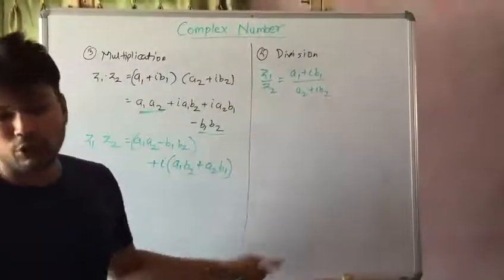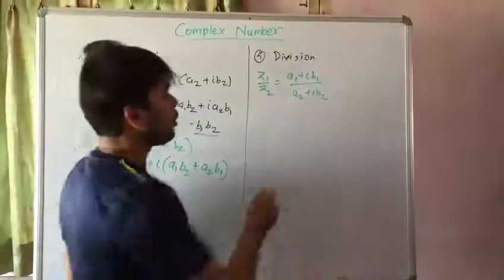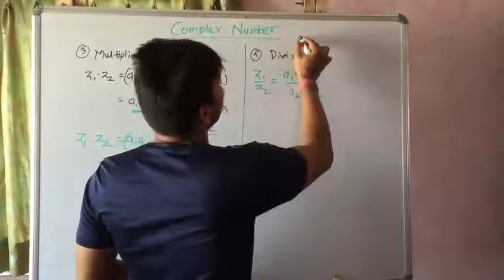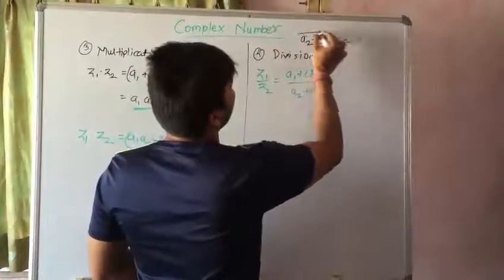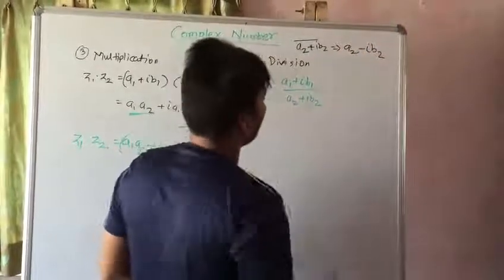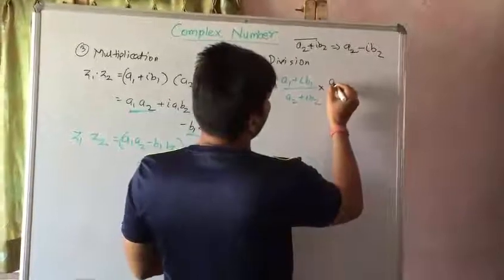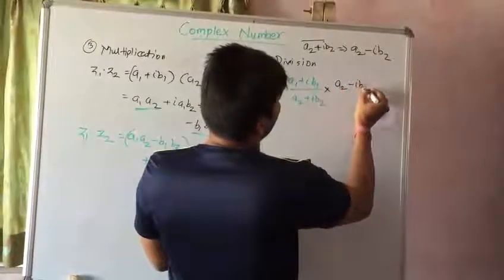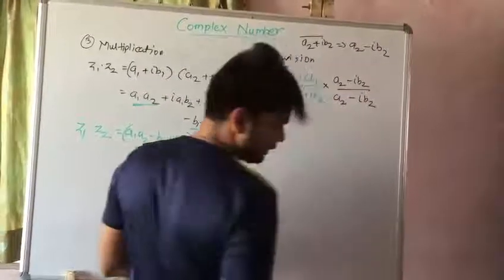The denominator is a2 plus ib2, so its conjugate is a2 minus ib2. So multiply the numerator and denominator by the conjugate, a2 minus ib2, right?